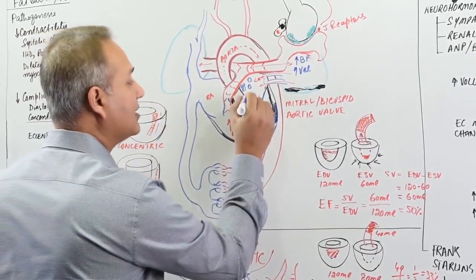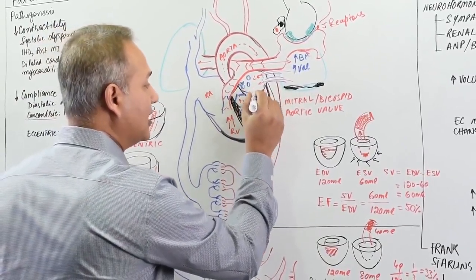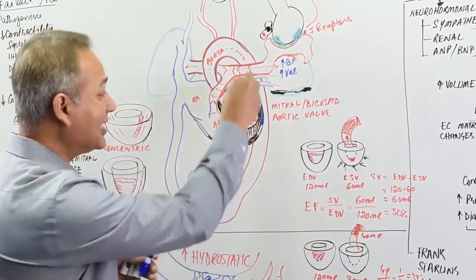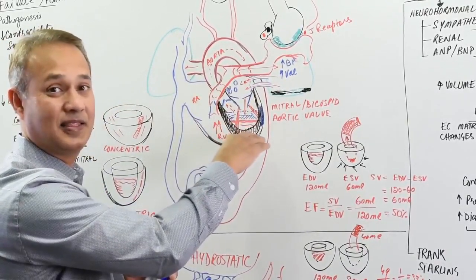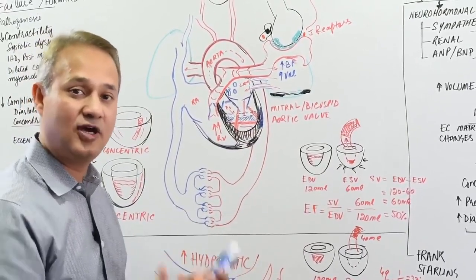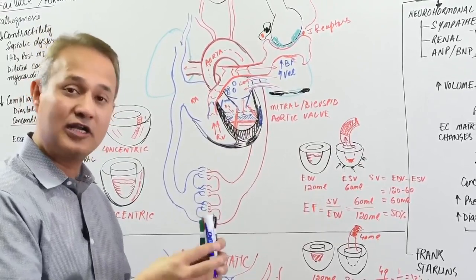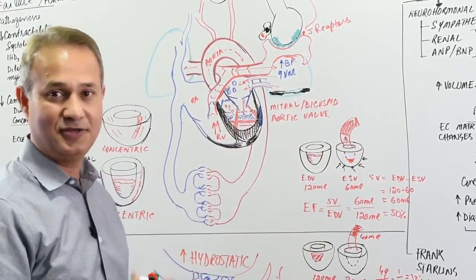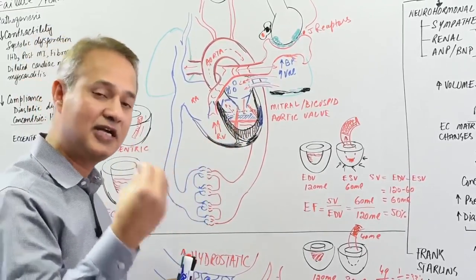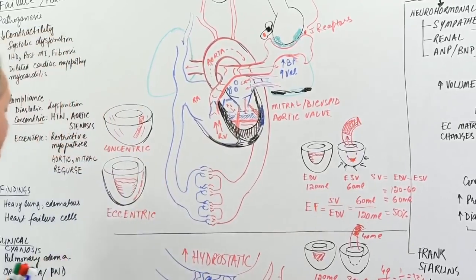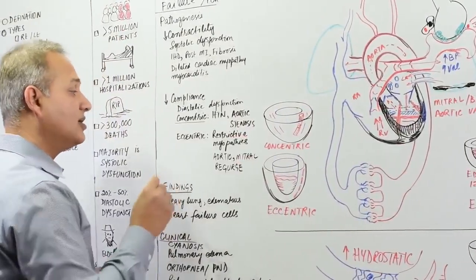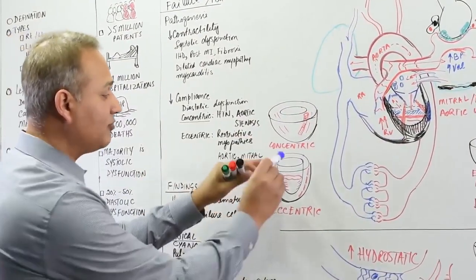If there is an AV valve, bicuspid or tricuspid valve, stenosis, then there is not enough blood coming in, which the heart has to work with. So it is not dilating, it is not hypertrophying enough because there is not enough preload on it. So that is one condition where the bicuspid stenosis can help.